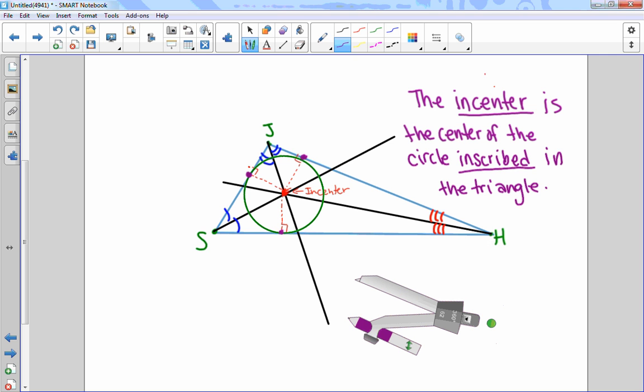The in-center is the center of the circle inscribed in the triangle. Circumscribed means on the outside. The center is the circumcenter. Inscribed means on the inside. The center is the in-center. Okay? Any questions?